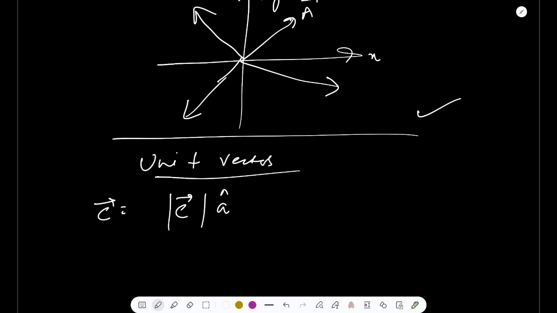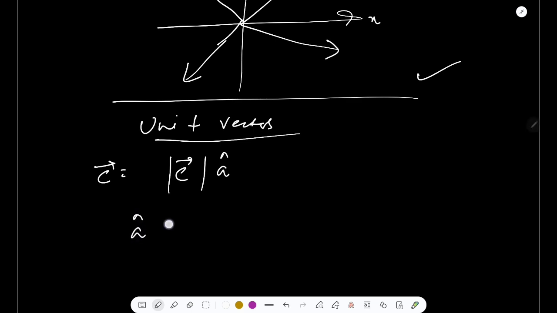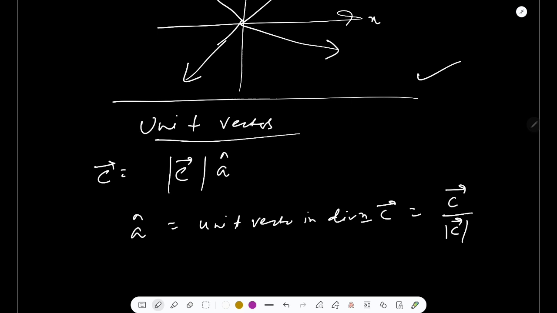And that means we formulate the unit vector in the direction of C simply as vector C divided by the magnitude of vector C. Clearly, this is multiplied by a scalar, 1 upon modulus of vector C, multiplied by vector C, and this makes their magnitude equal to unity.